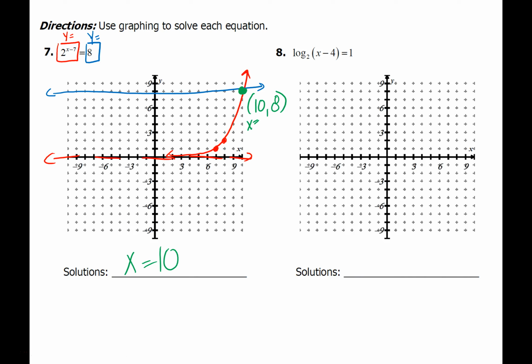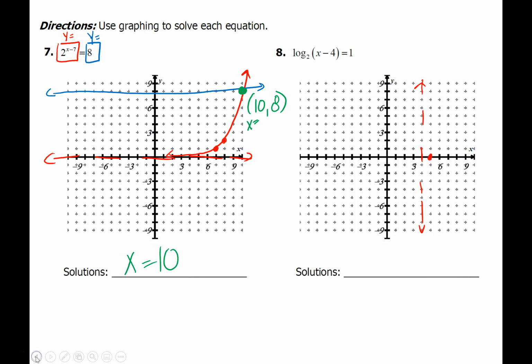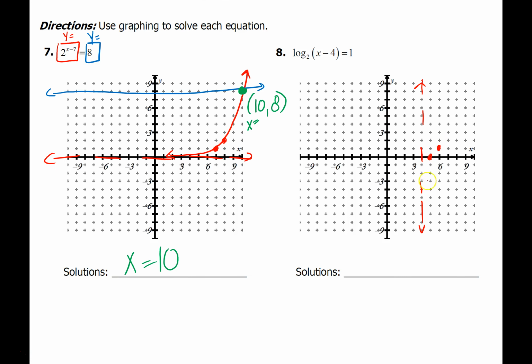So I had a vertical asymptote at 4. I had a point at 5, 0, and then there was another one right after that at 6, 1. Okay, and so that was my logarithm side, my left side.